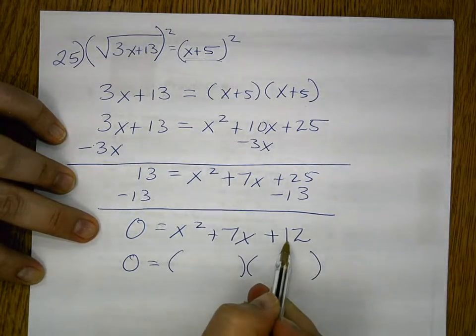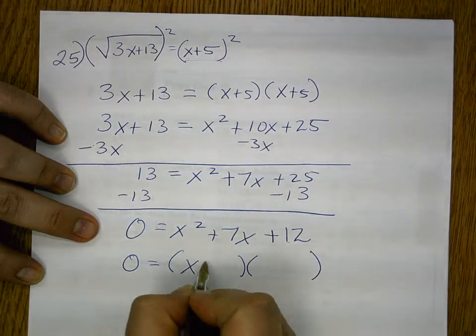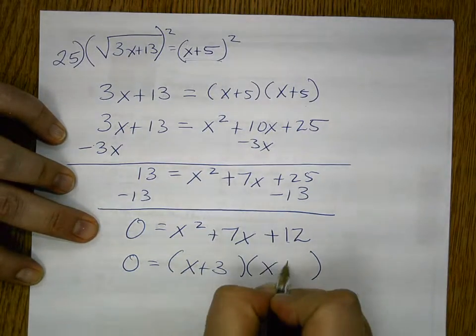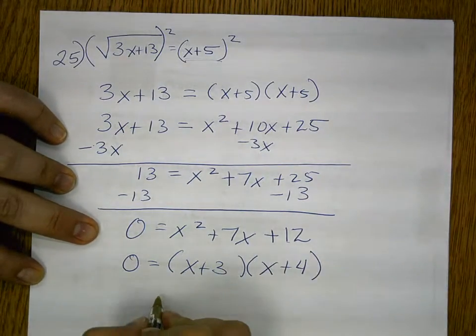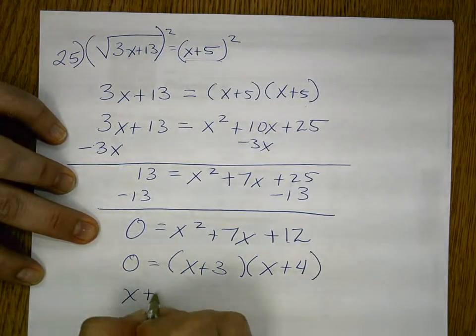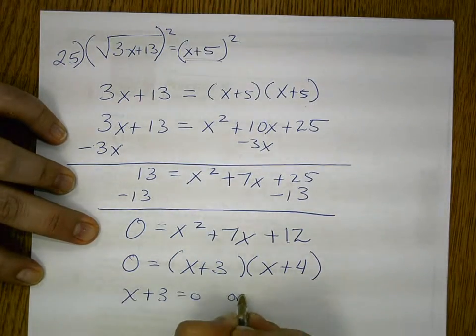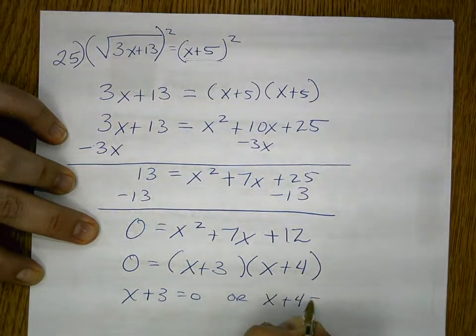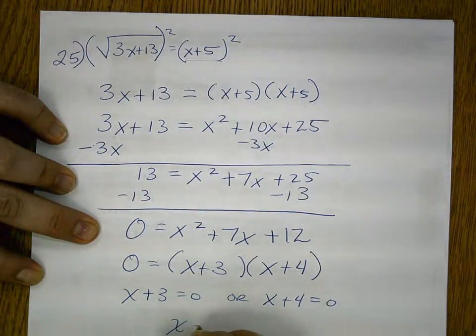Two factors of 12 that add up to 7, x plus 3 and x plus 4. And then solve. And so x is going to be equal to -3 or -4.